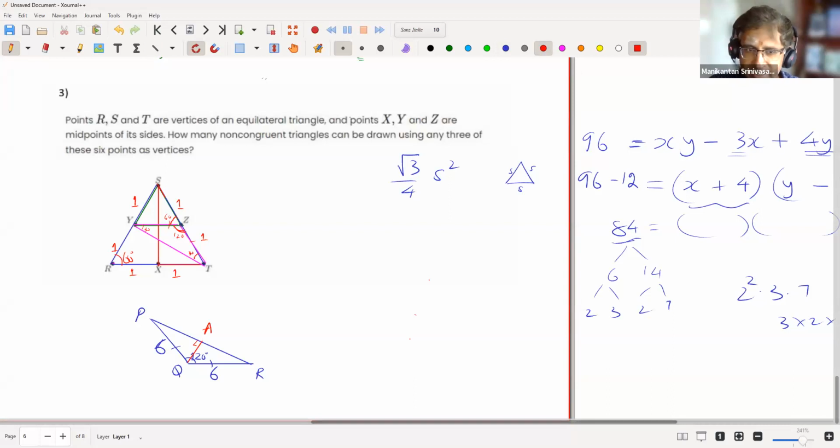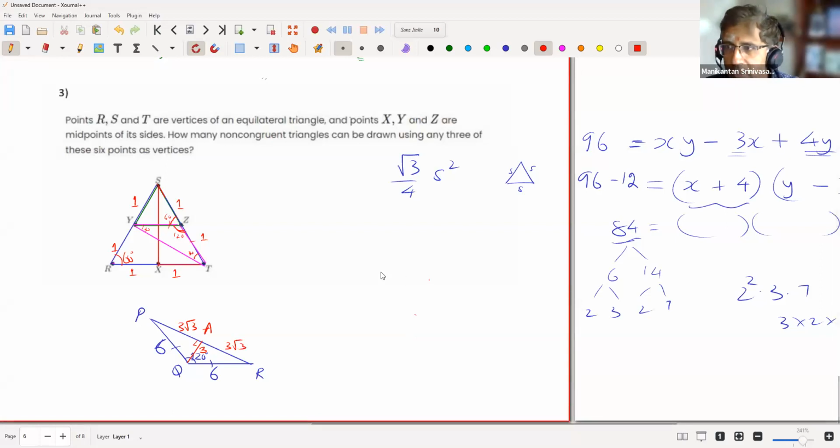Tell in ascending order. 1 is to root 3 is to 2. Exactly. And therefore this will be 3 and this will be 3 root 3. The double of that is 6 root 3. That's how you wanted to complete it, right, Arnav? Does it make sense, everyone?